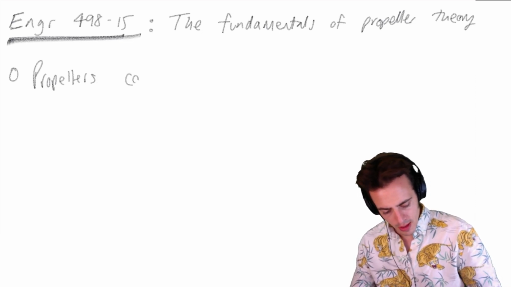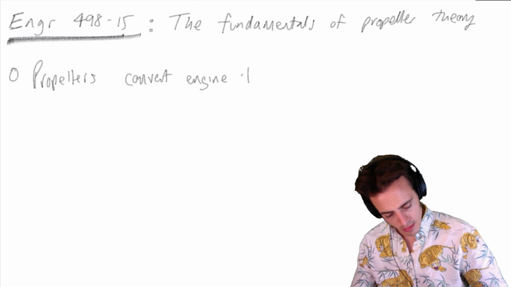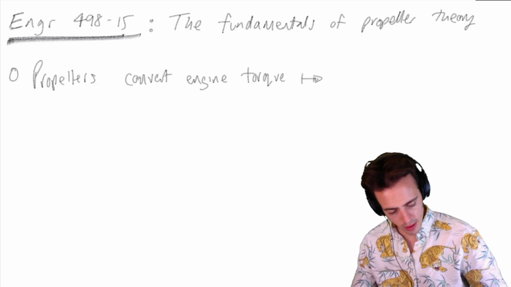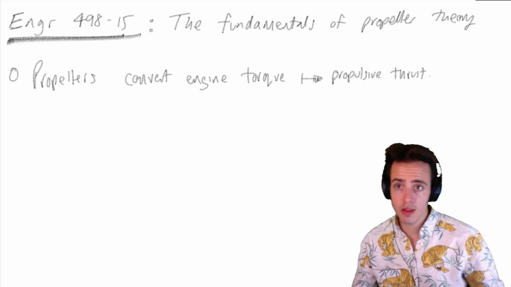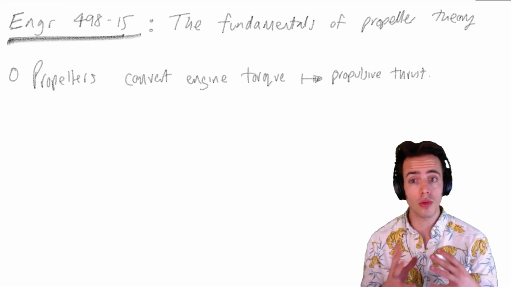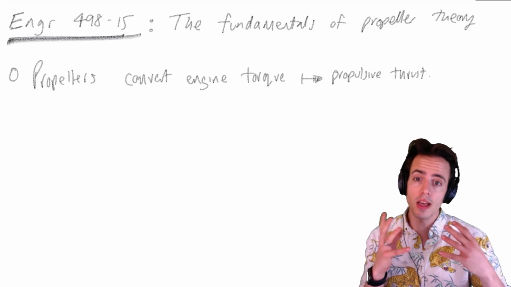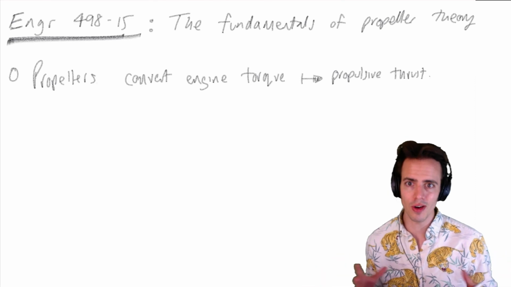So propellers convert engine torque into propulsive thrust. That's their job. An engine doesn't produce thrust, an engine produces torque, and then the propeller itself turns that into thrust, which is useful for our aircraft.